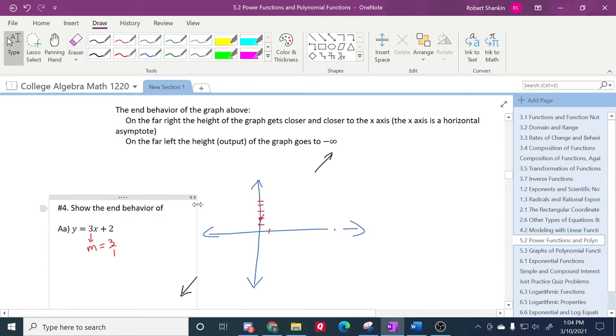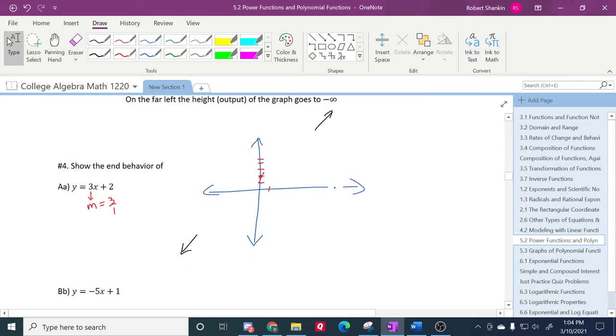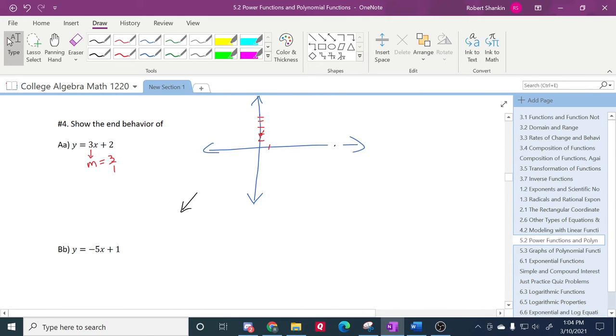All right, so let's see if you've got this idea now. Give me a quick sketch of the end behavior for B. And when you get your answer, type it into your group chat. You can type it in like this: far right, and then you could say what it's doing, going closer and closer to the x-axis, or going up, or going down.